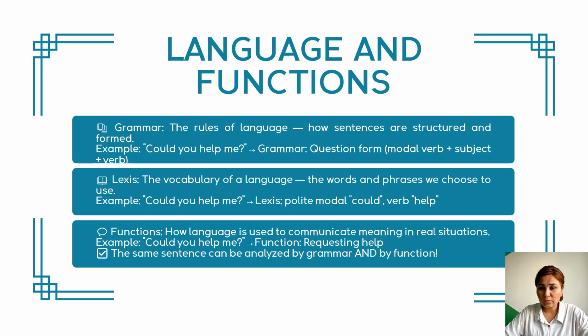Lexis is polite, for example, "could", "help". In function, how language is used to communicate meaning in real situations. For example, "Could you help me?" Function: request for help. The sentence can be analyzed by grammar and by function.